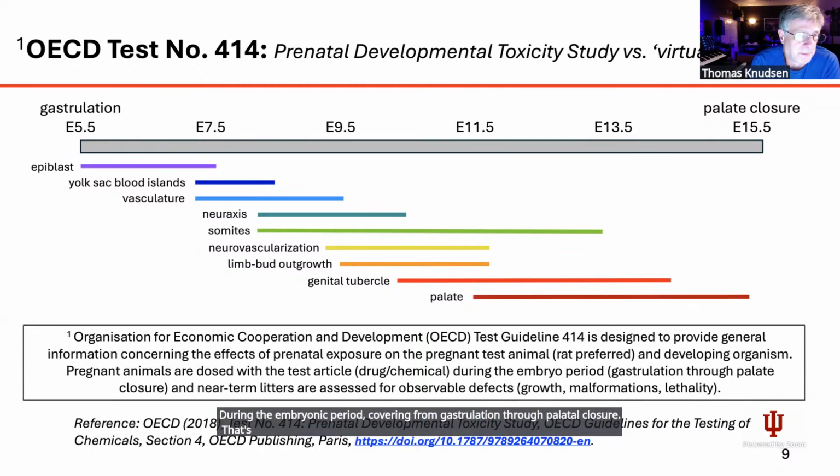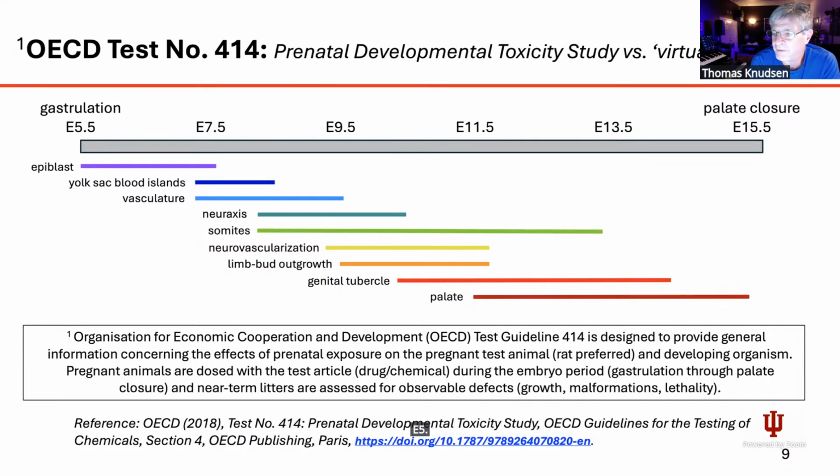That's shown on the timeline for the mouse, E5.5 through 15.5, which is the period that would be tested in guideline 414. The way those studies are interpreted is that near-term litters are evaluated for observable defects in growth, particular malformations, or even prenatal death.